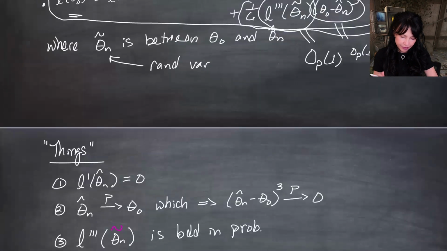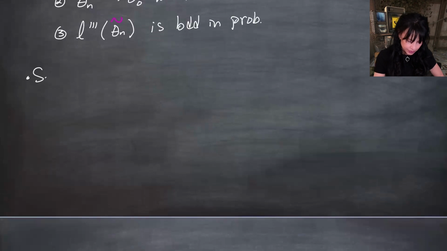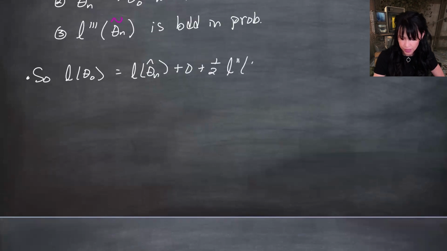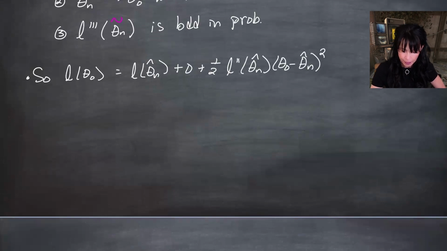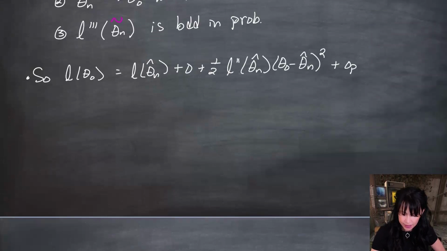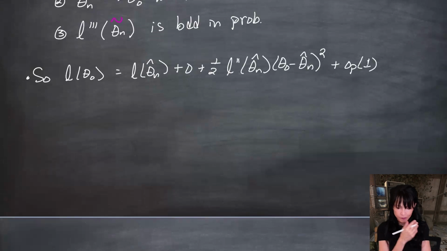So what do we have? I've got L of theta naught equals L of theta n hat plus 0 plus 1/2 L double prime theta n hat times theta naught minus theta n hat squared plus something that is little OP of 1 plus the stuff that goes to 0 fast enough.